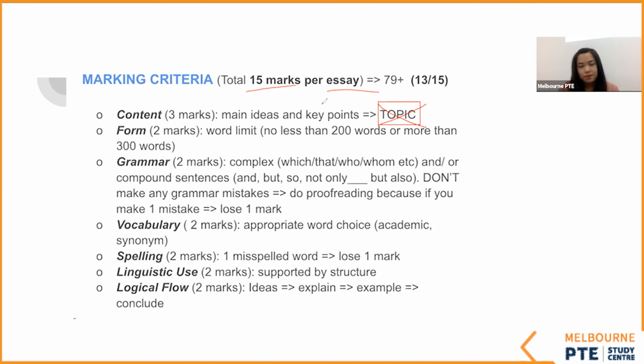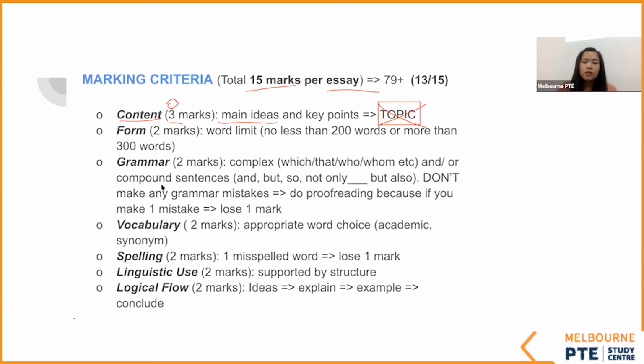Very simple. The moment your essay doesn't relate to the topic, that means the idea is completely off track, right? Maximum 3 marks for your content. If you end up with 0 for the content, you end up with 0 for the whole essay. Okay? That's how it works.